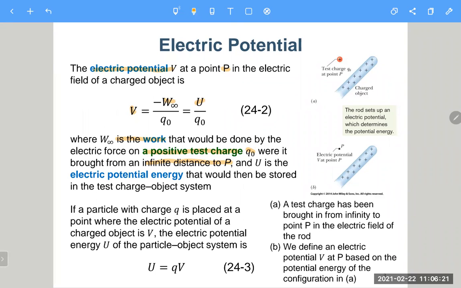So this minus work done is actually the potential energy at that point P. So U is the electric potential energy that would be stored in the test charge object system.